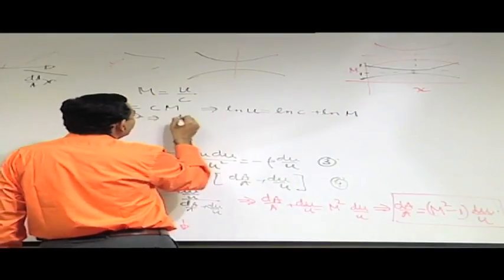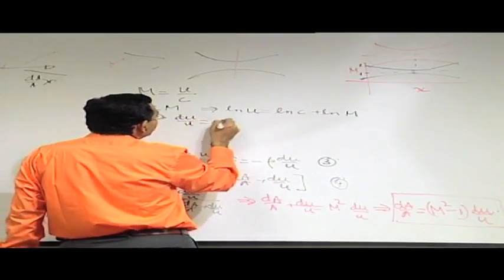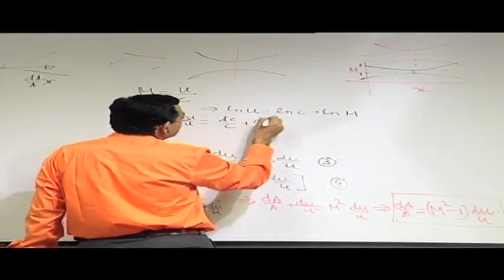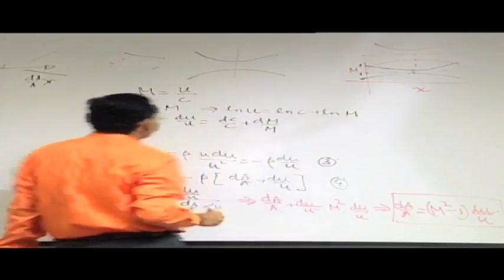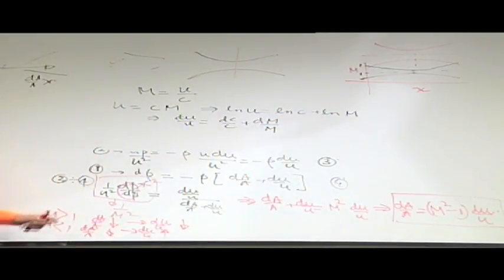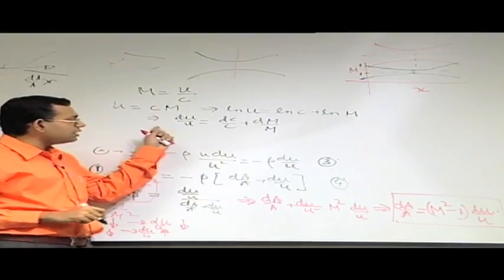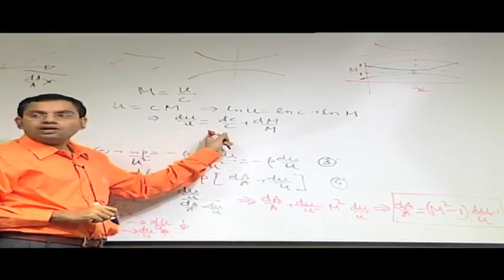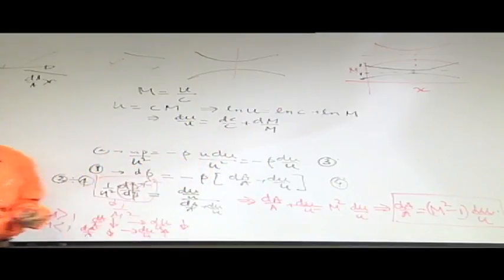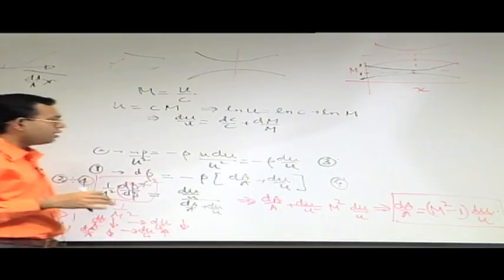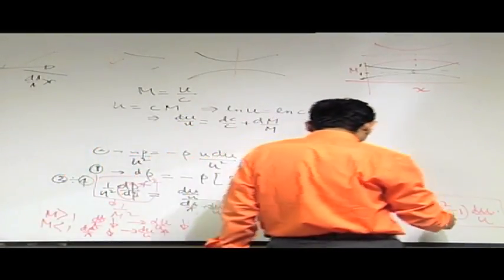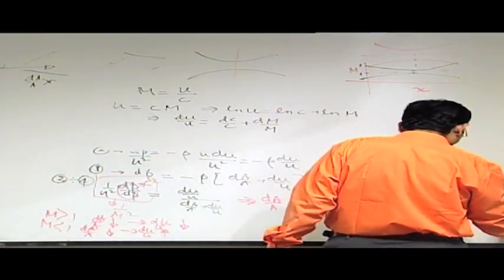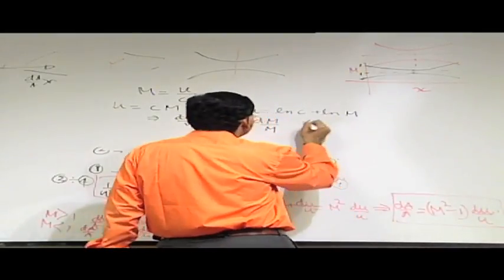So you will get du by u is equal to dC by C plus dM by M. So in an effort of expressing du by u in terms of dM by M, we have come up with a new unknown dC by C, but C may be expressed in terms of the temperature. So let us say this is equation number 5 and this is equation number 6.